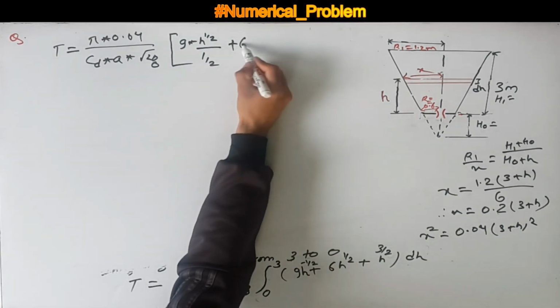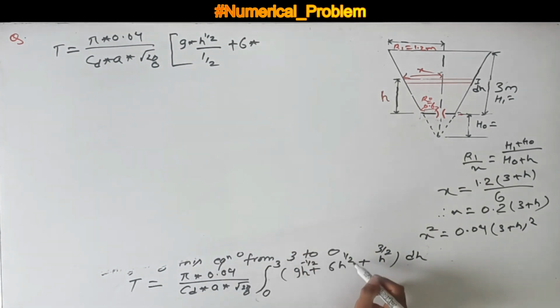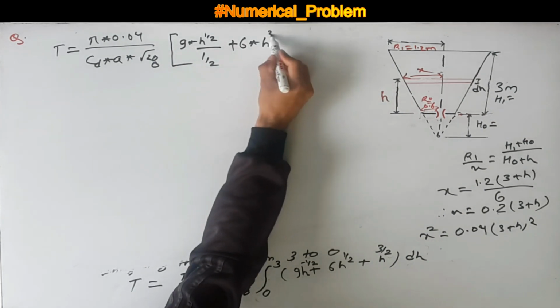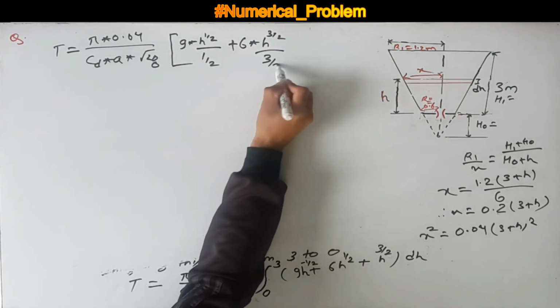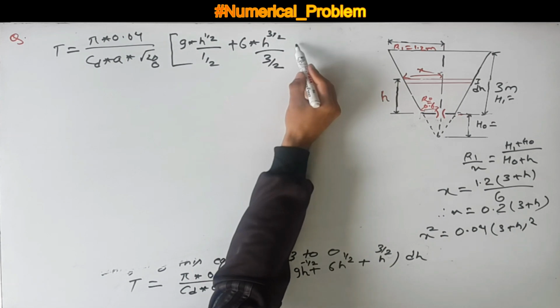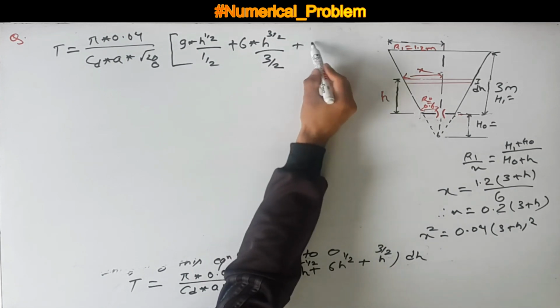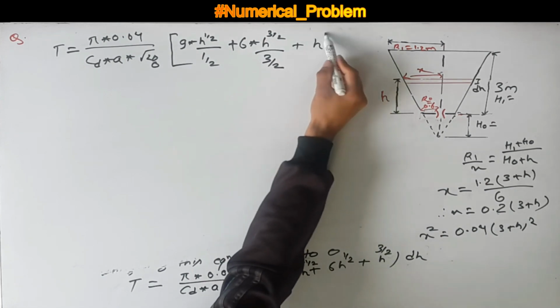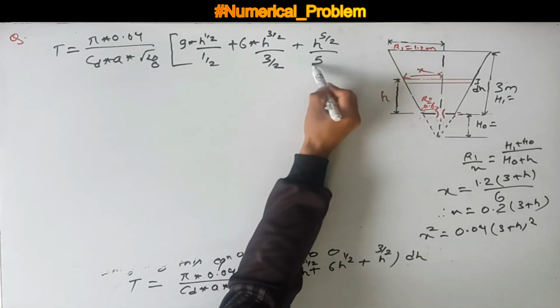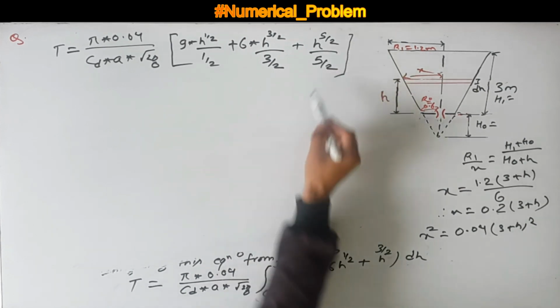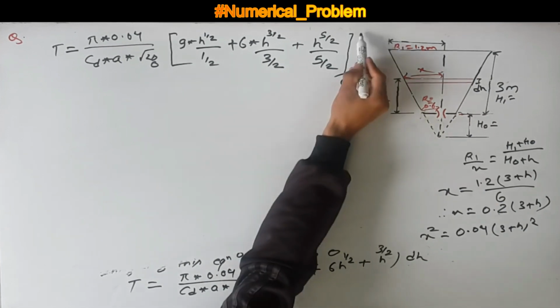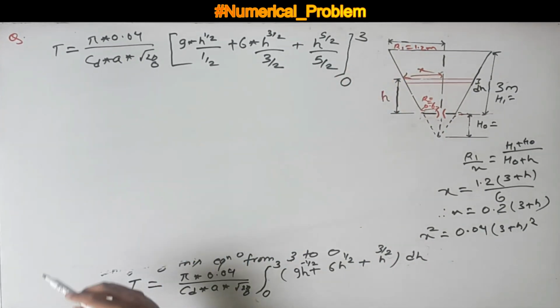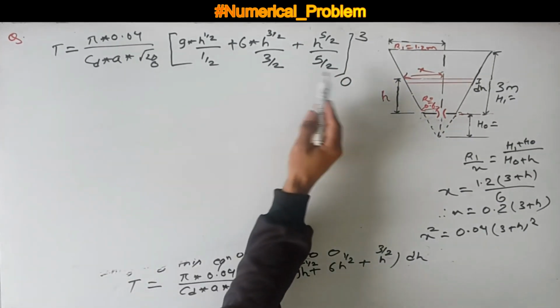We have 6 into h to the power 1 by 2 plus 1 is 3 by 2, divided by 3 by 2, plus h to the power 3 by 2 plus 1 is 5 by 2 upon 5 by 2. Limit from 0 to 3. Now we can put the limit here.